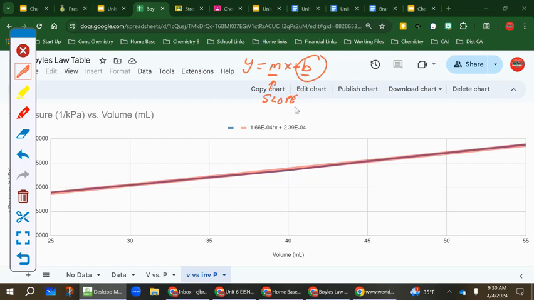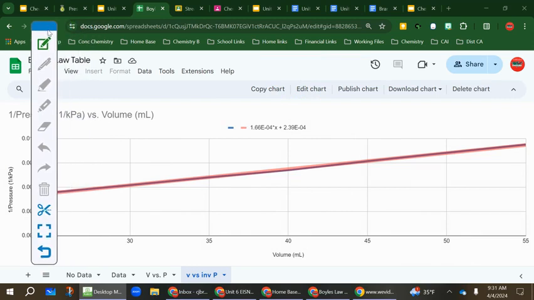Now, the slope of a straight line is a what? The slope of a straight line is a constant. It is a number that does not change. Now, in our y equals mx plus b, what is representing y? What variable is on the y-axis? Now again, sorry, let me move this a little bit.